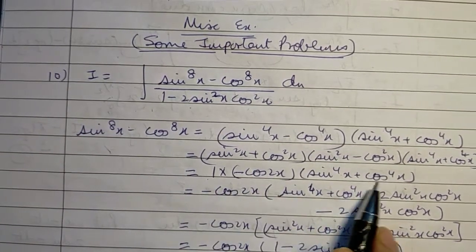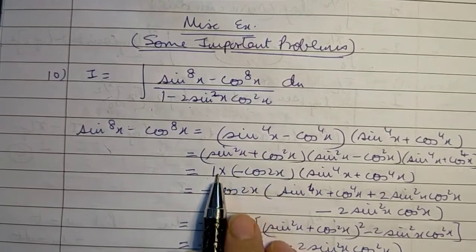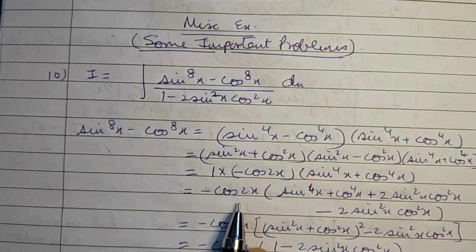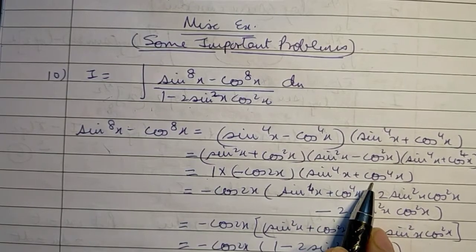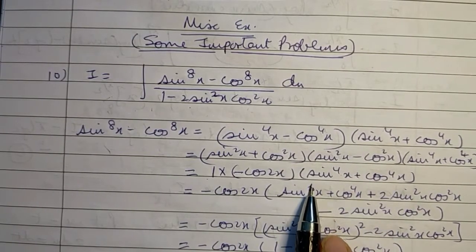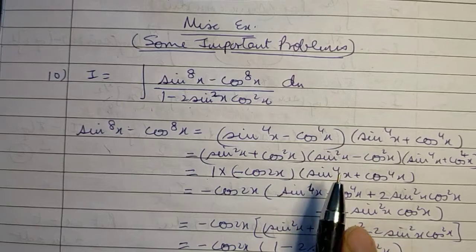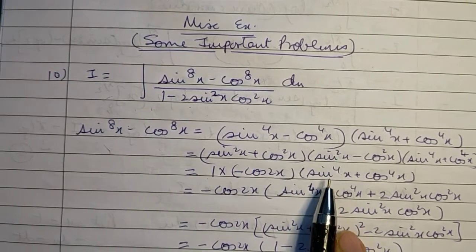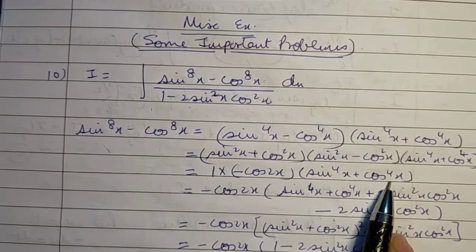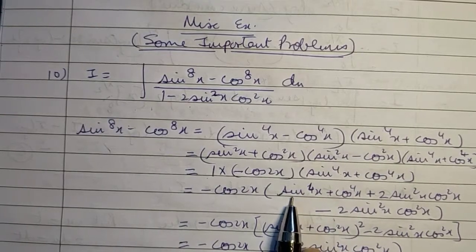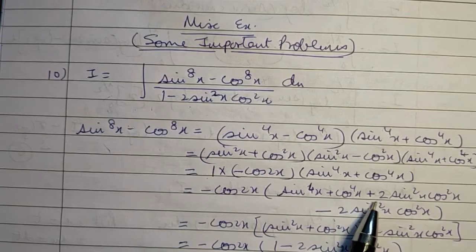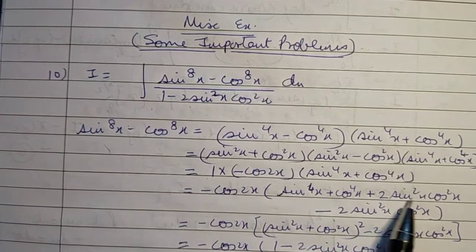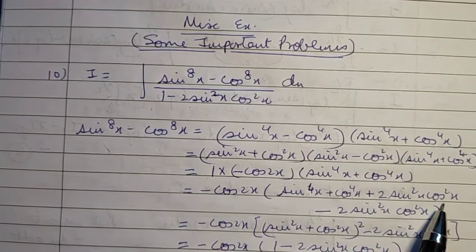Now let's simplify the third term. So these two terms together give us minus cos 2x, and converting this into a perfect square, treating a as sin squared x and b as cos squared x, we have a squared, that is sin^4 x, plus b squared, that is cos^4 x, plus 2 times a into b, that is sin squared x into cos squared x.